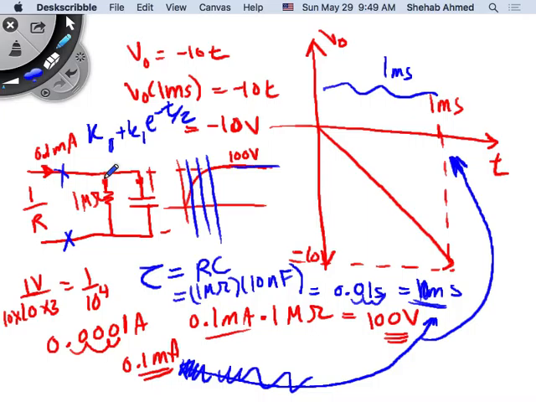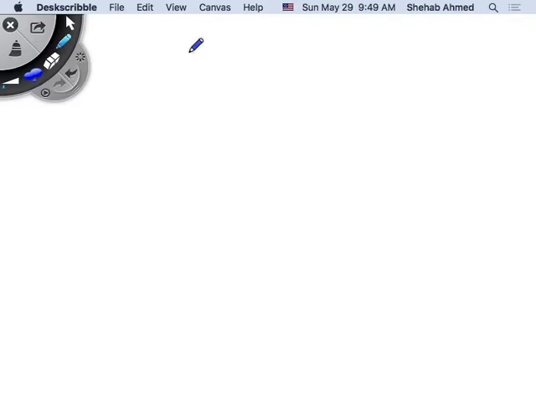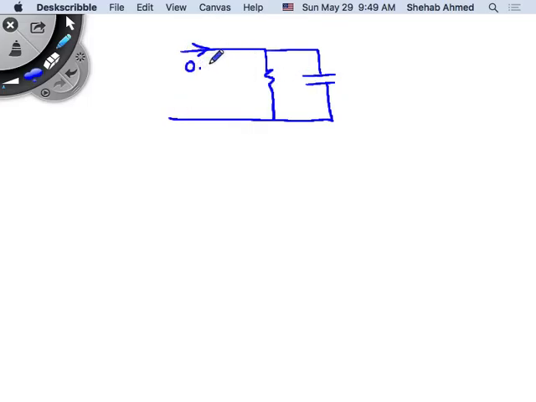We need to figure out how to calculate that for this circuit. So let's see. I will redraw this, my resistor and capacitor. This is 0.1 milliamps, this is 1 megaohm, and this is 10 nanofarads. The time constant was 10 milliseconds for this circuit.